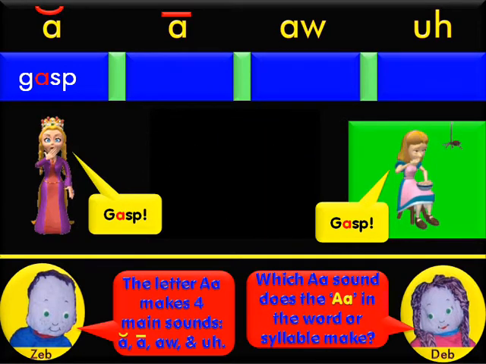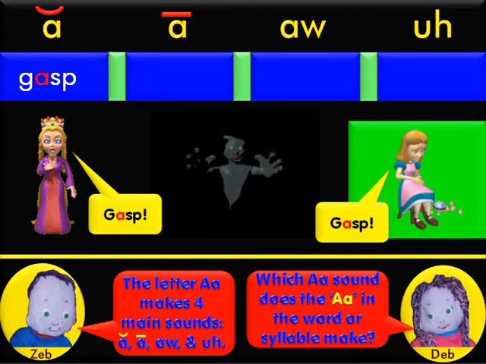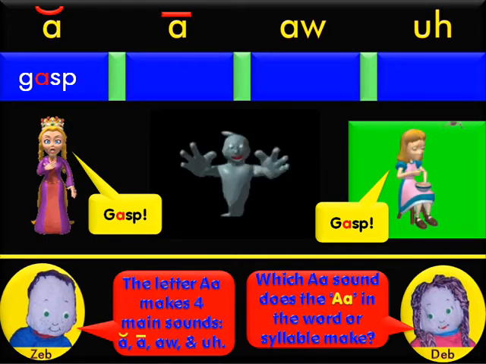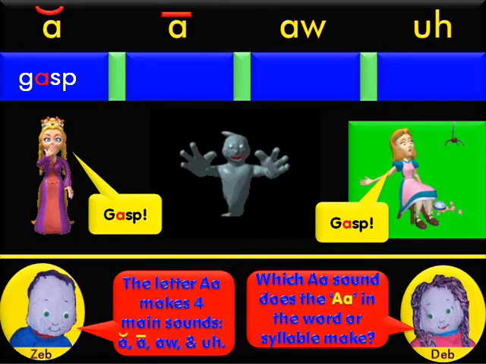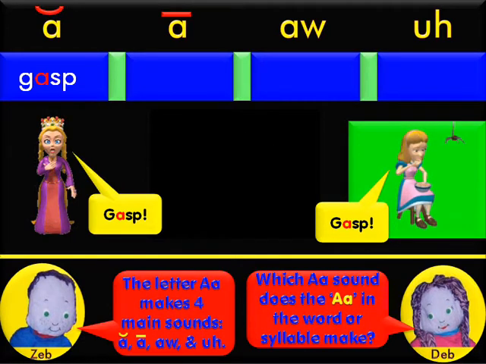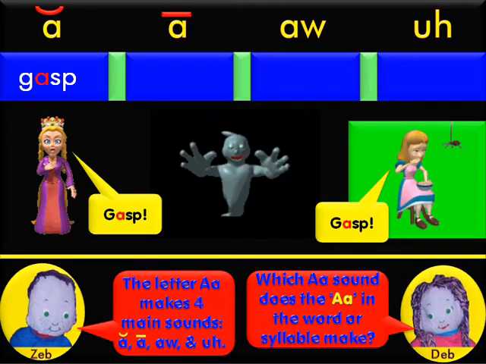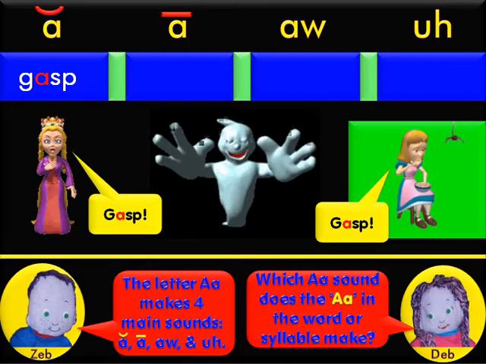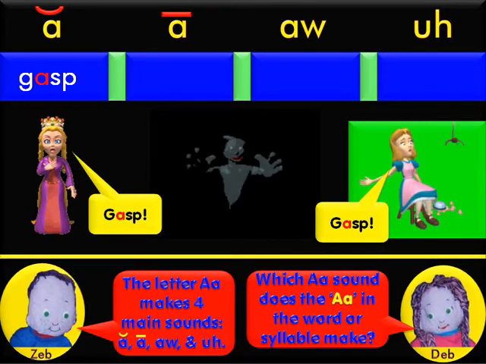Did you get it right? Well, then good. I won't have to go, gasp, you didn't get it right. Now notice our queen who goes, gasp, there's a ghost. And then there's little Miss Muffet who goes, gasp, it's a spider. Ah!